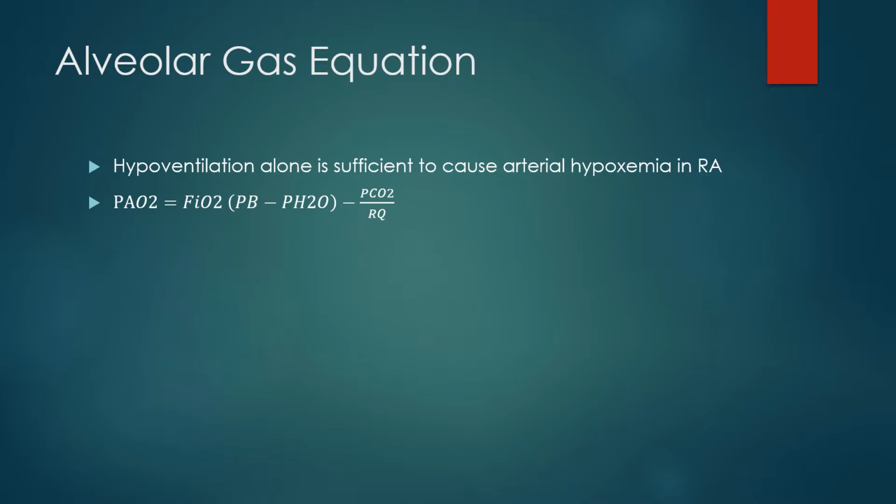As you remember, the alveolar gas equation can show how hypoventilation alone is enough to cause arterial hypoxia in any patient breathing room air. And yes, you need to remember this. So let's see an example of why it is useful.